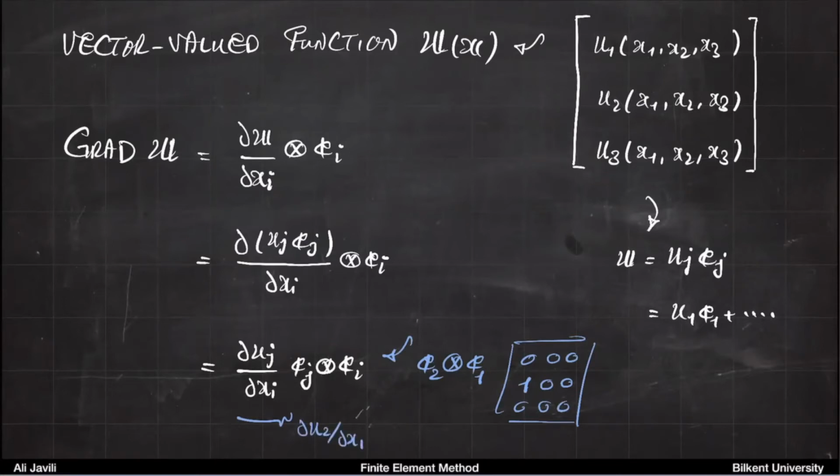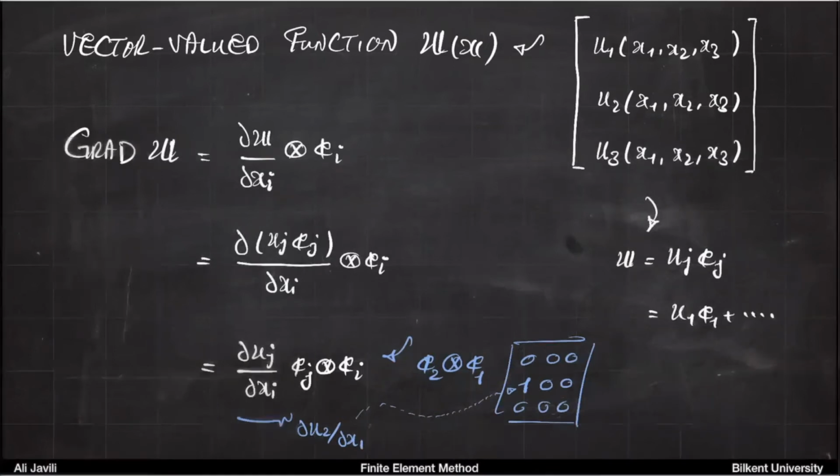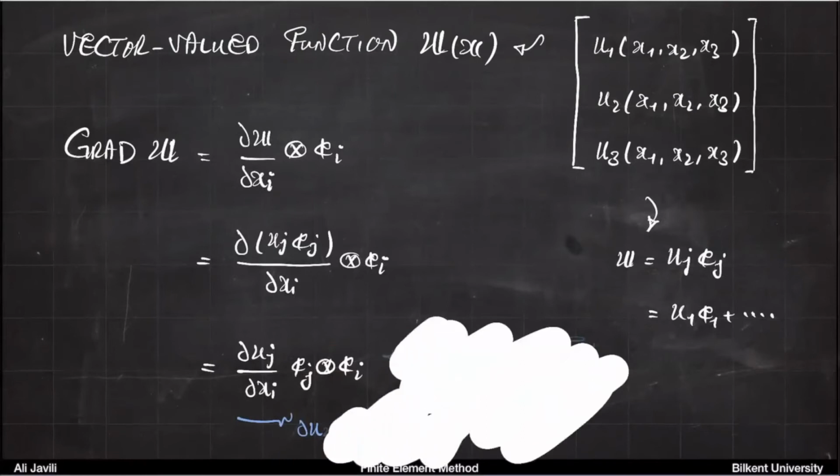That derivative goes here because it is multiplied with 1 only there and it's 0 everywhere else. So if you play this game, the expression in front of you is a matrix, or again a second order tensor.